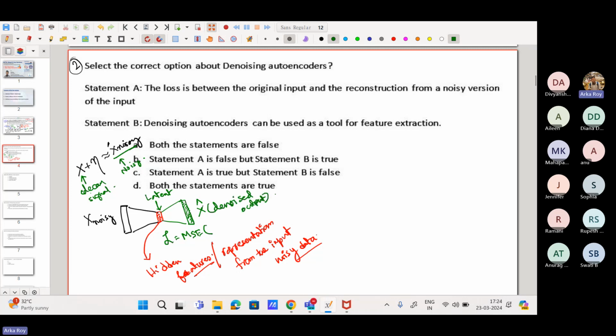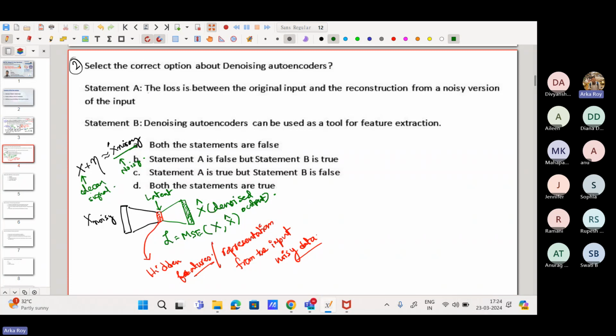So this is the denoised output. And as we are arguing that the output is a denoised one, we need to have a measure by which we can quantify what sort of denoising we have obtained. To obtain that quantification, we take the MSE between the clean version and the denoised version. So this is the loss function of the denoising autoencoder.